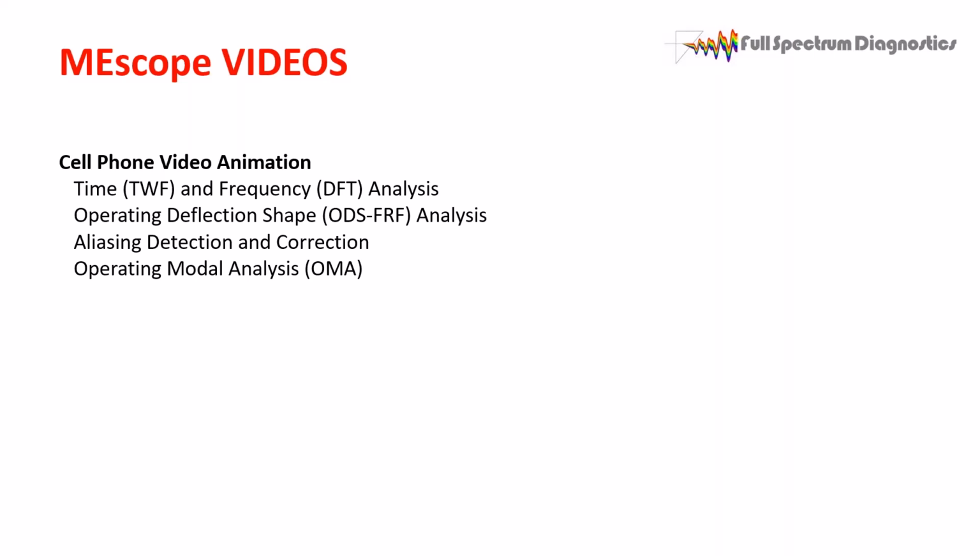I can't do that in the discrete Fourier transform range, but if I need more background noise in the spectrum to go away, or I just want to clean things up a little bit, I can ask the software to do an operating deflection shape, and it'll come back with overlap processing and averaging. So it'll get me about 25 averages, and it really works. It really cleans up nice.